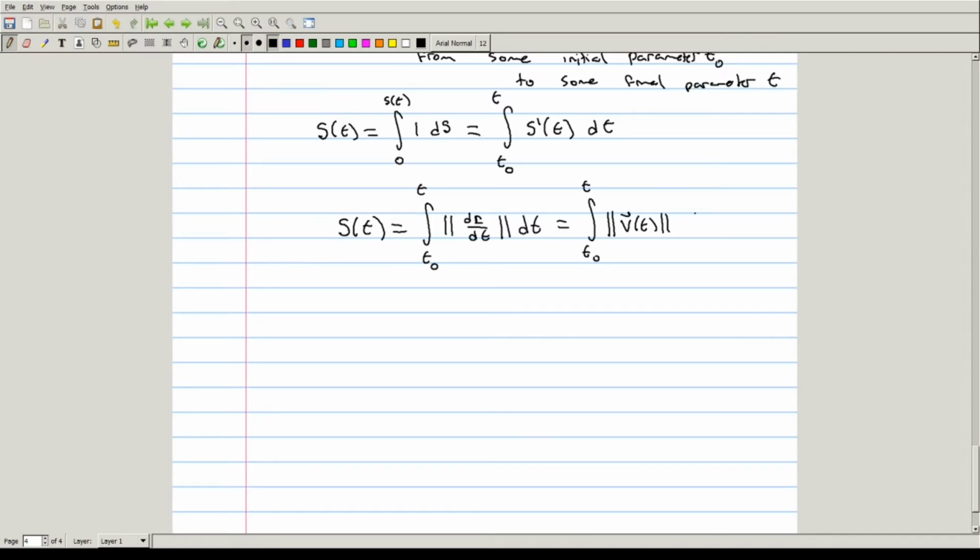Remember, this is a function of t. Or in long form, if we actually plug in this magnitude, the formula that we have for the arc length is the integral from t naught to t of the square root of x prime squared plus y prime squared plus z prime squared dt.